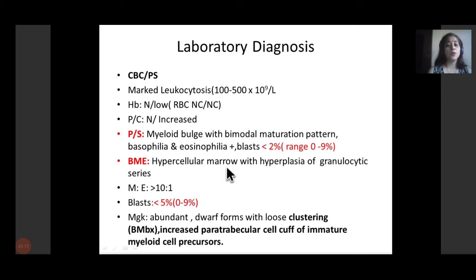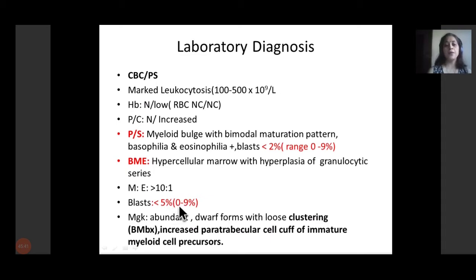Examination of bone marrow, though again not mandatory, is done to work up the case for the first baseline. We have to do cytogenetics, and we also have to do the bone marrow biopsy examination to see the pattern and the level of fibrosis in these patients. As expected, there is a myeloid bulge, so the myeloid component is much more compared to erythroid.